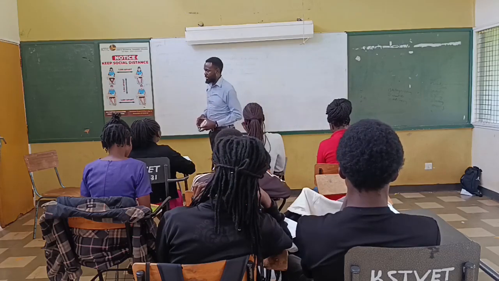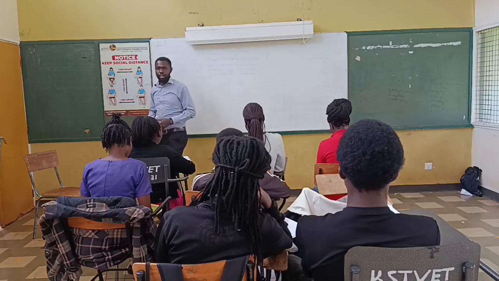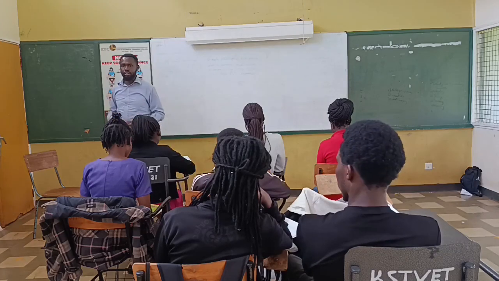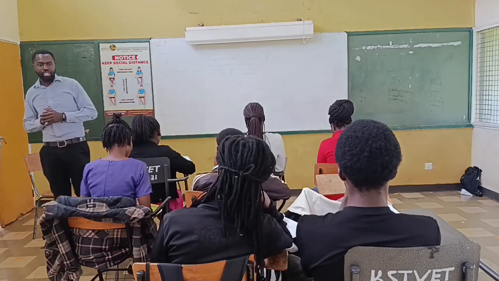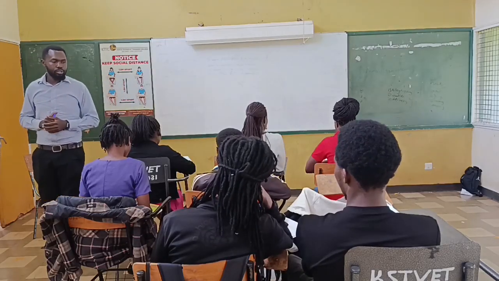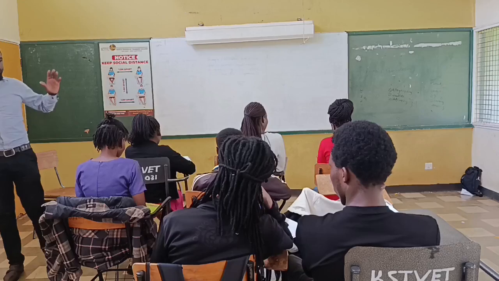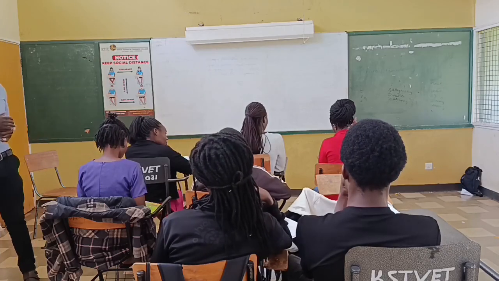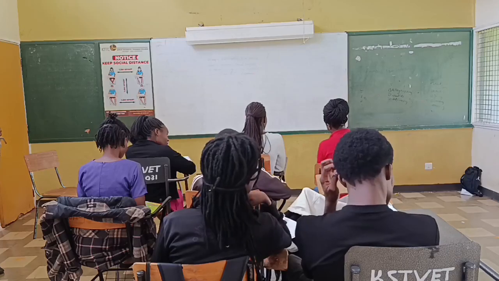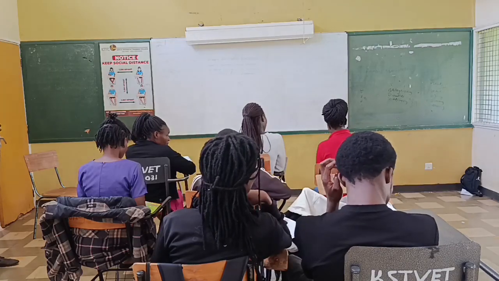Now, as you are sitting, I'd like you to think of the kind of components that you have seen from the video that I shared, the link that I shared. Because at this level, I believe in high school you also did chemistry and you are conversant with some of the laboratory equipment.